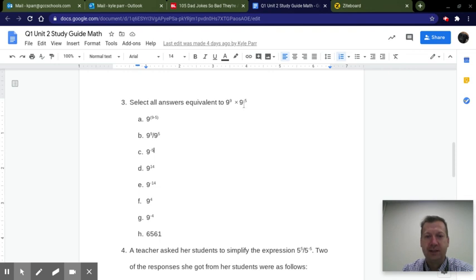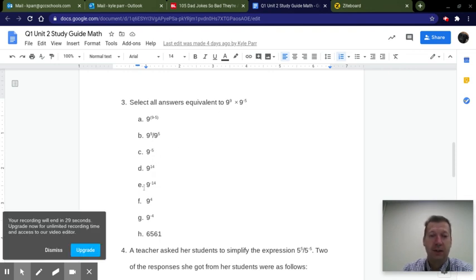And then they don't know, because of this negative, if they should make it positive or negative 14. Both are wrong. So in that case right there, 14 and negative 14 are both incorrect. 9 to the 4th power is correct. And you do have a calculator, so take 9 times 9 times 9 times 9. And you'll get that this would also be a correct choice.